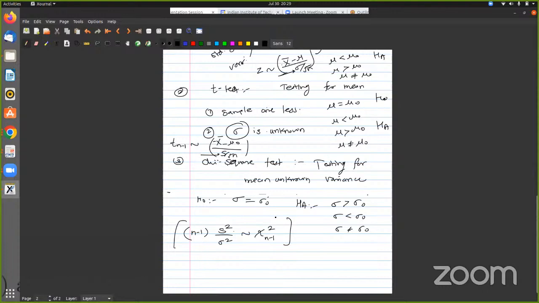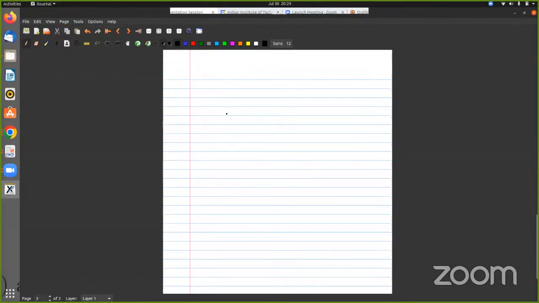Next is the two sample test. I'll go on to the next page. Which are the two sample tests?